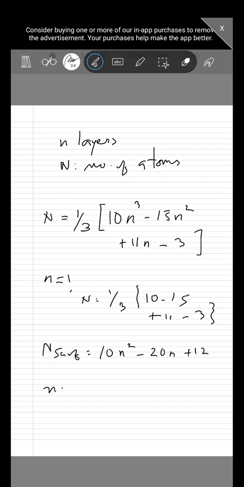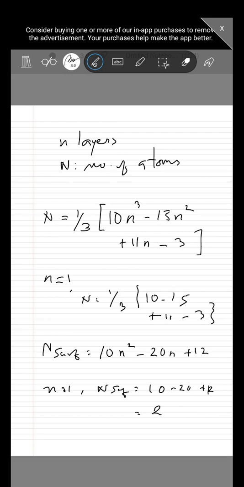So taking n equal to 1, we get N surface equal to 10 - 20 + 12, that makes it 2 atoms at the surface.